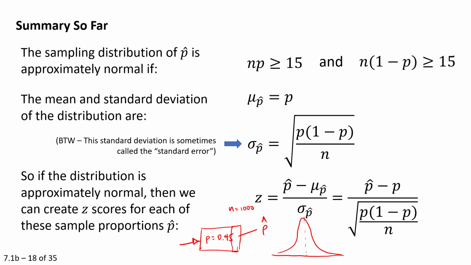It's just a number. 45% voted for Trump. If I'm looking at samples, I can take a bunch of different samples and I'll get a different answer each time. So I'm going to get a distribution of answers, right? They should be centered. What do you think the center of this distribution would be here?